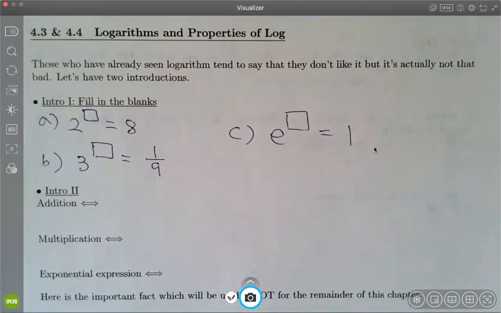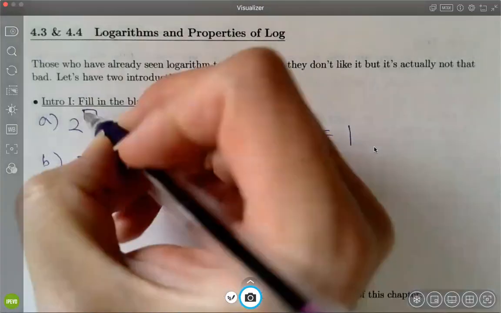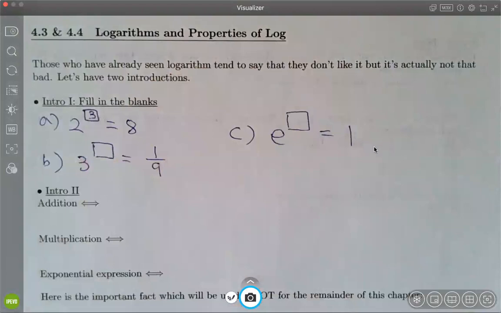So what's the answer for part A? 2, and then the blank is 8. Okay, and now, what is the number on the second part?